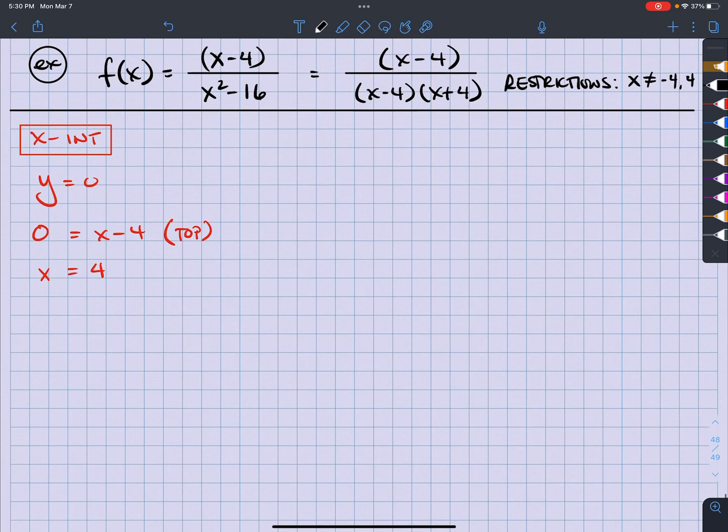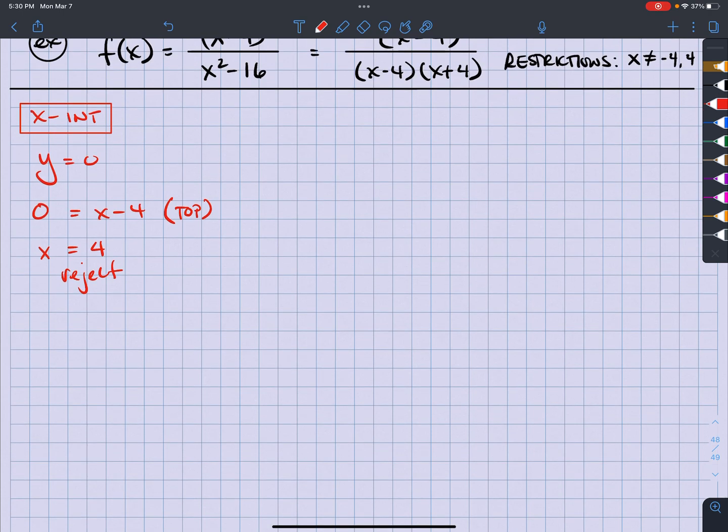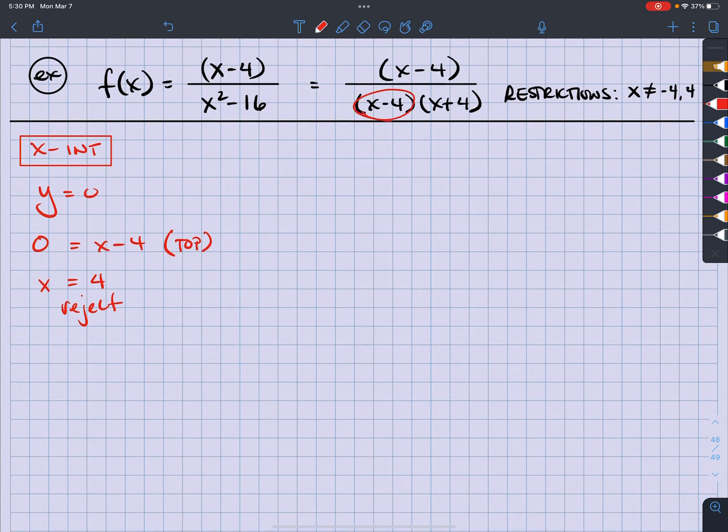Since I got a positive 4 here, I have to reject this, because I can't have x equaling 4, because it would make my denominator 0. And if I have a 0 in the denominator, it's no good. So what do I have here? I have that the x-intercept, there is none.